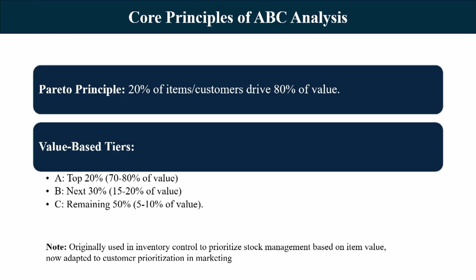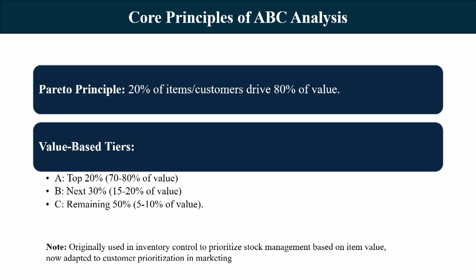Let us consider that a company is making 1 crore of profit in a year. Out of this 1 crore, let us say the A customers are bringing 80% of the total value. Let us say the value is perceived in terms of profitability.